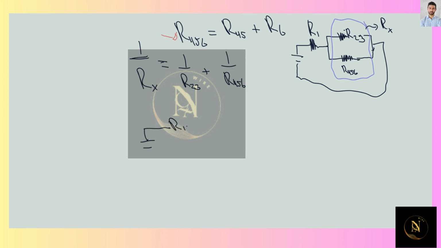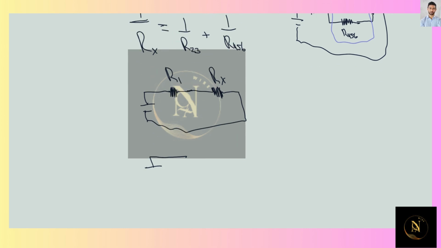We're going to have R1, we'll write down in notation, and a new resistance that is resistance X. Both of them are in series, so the equivalent circuit would correspond to a single resistance with the voltage.